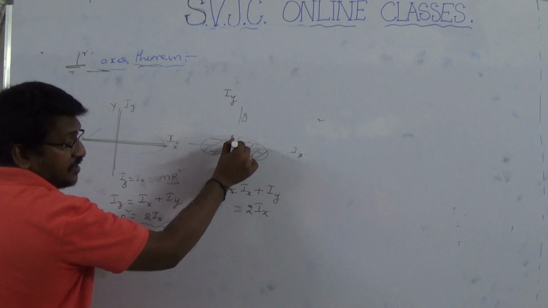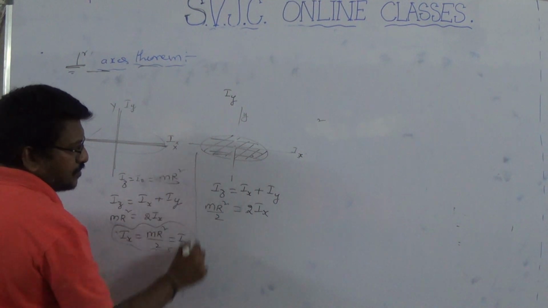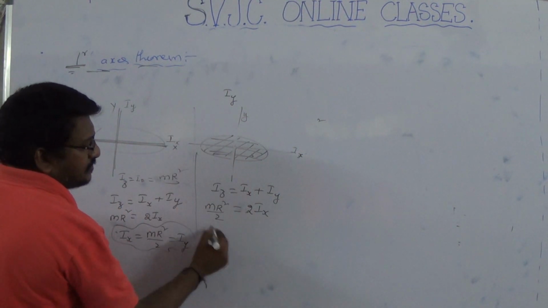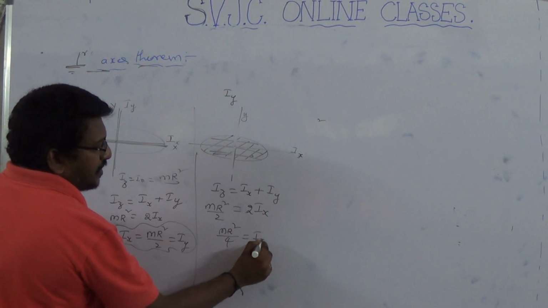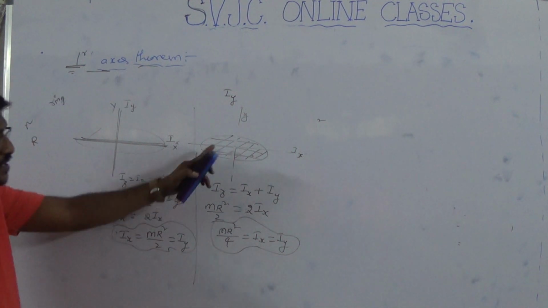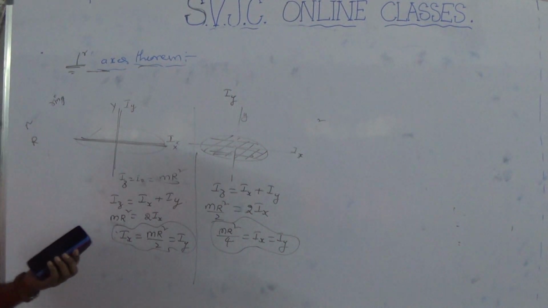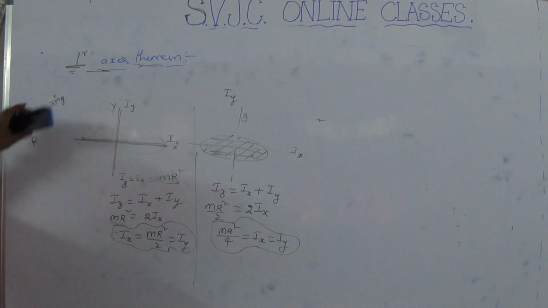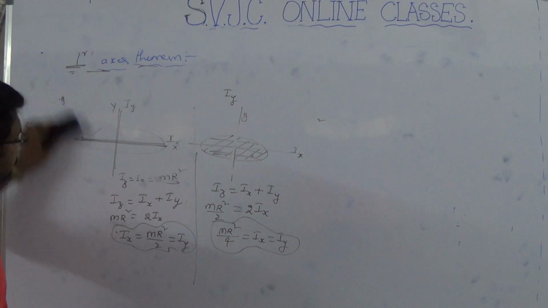Iz is nothing but I0, in case of a disc, m r square by 2. So we can write Ix equal to m r square by 4. That is also Iy. So that is the moment of inertia of the disc about the diameter. In the same manner we can calculate when a group of rings or a group of discs are placed. Then what is the moment of inertia?